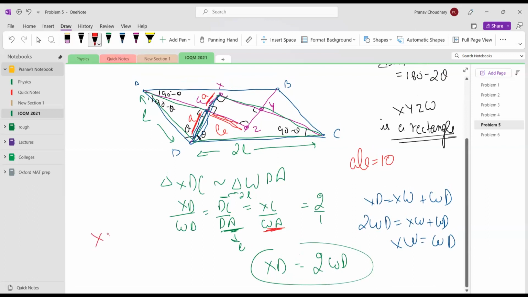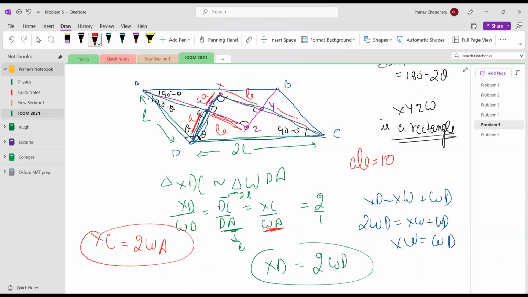Also, from this you get that XC equals 2WA. This length should be B because it's a rectangle, so XY equals WZ. Using this, you can show that this length is also B. By symmetry, this length should also be B. Symmetry is a powerful tool.